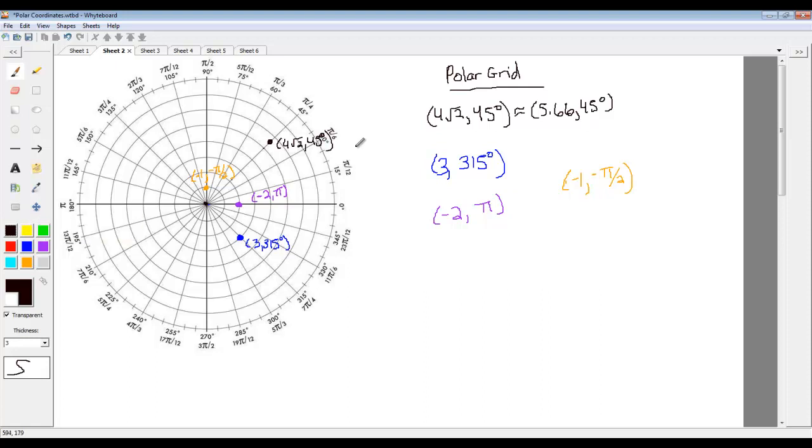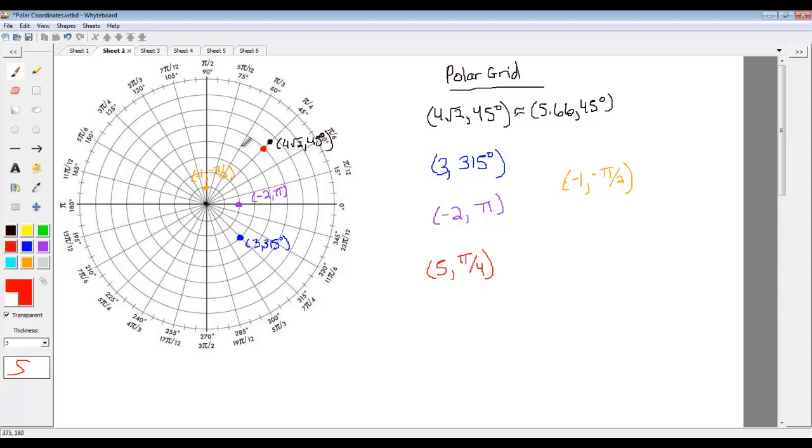Now let's do one more, and then we're going to take that one and explore it a little bit. Let's take 5, pi over 4 and do it next. I'm going to use red this time. I'm going to start from the polar axis, go to pi over 4, and go out 1, 2, 3, 4, 5.